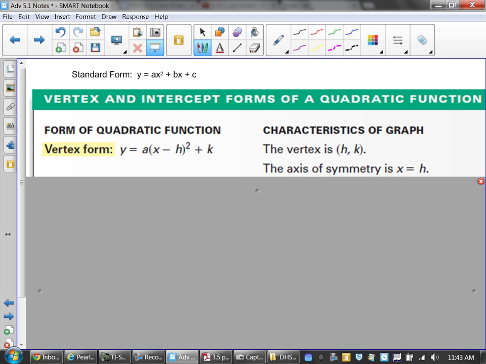I'll explain it in 1 second. Vertex form is y equals a times the quantity x minus h, quantity squared, plus k, where h and k are your vertex.